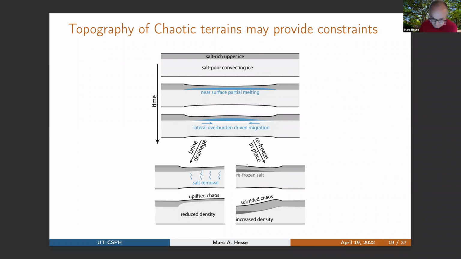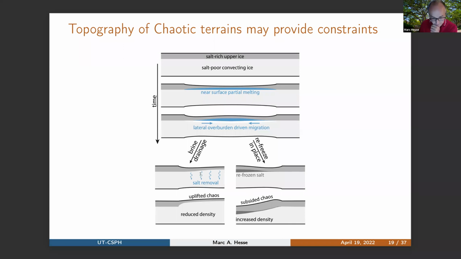But in the long term, you've taken dense stuff, the salts, and you've concentrated them in the center here. And of course, what I've drawn here is ridiculously exaggerated. But I do believe that if you accumulate dense salts in the center of a chaotic terrain, in the long term you would expect subsidence, simply because the crust is thicker, and the bottom of the ice is just going to adjust due to the melting point of the ice.